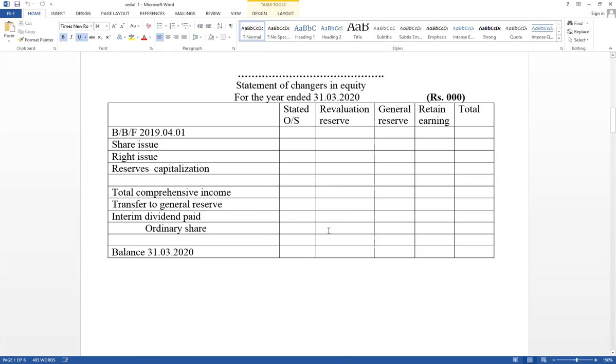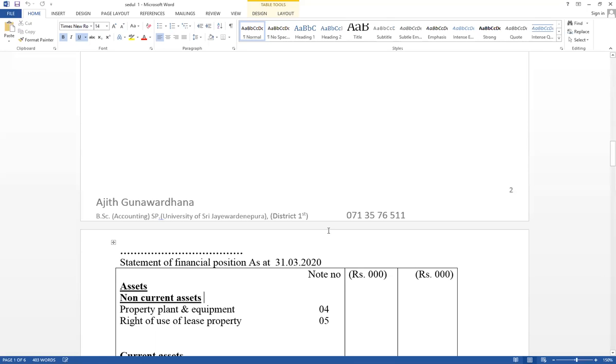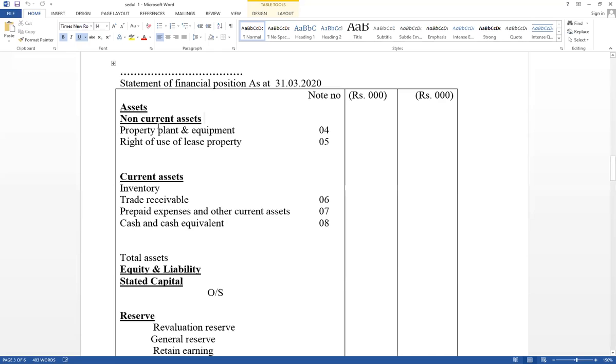And this is a format for statement of financial position. Think about non-current assets and current assets. You have to prepare separate notes for property, plant and equipment as well as right of use of lease property. And current assets: it has given inventory, trade receivable, prepaid expense and other current assets, and cash equivalents.